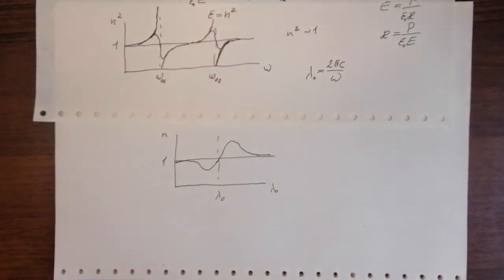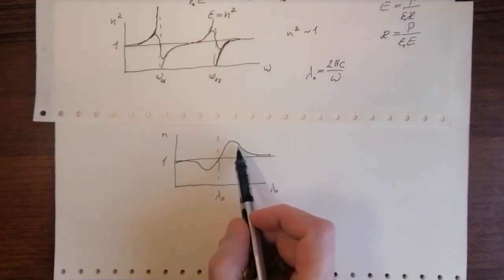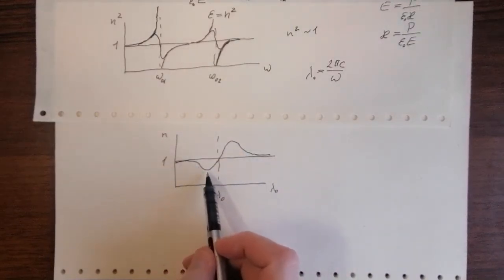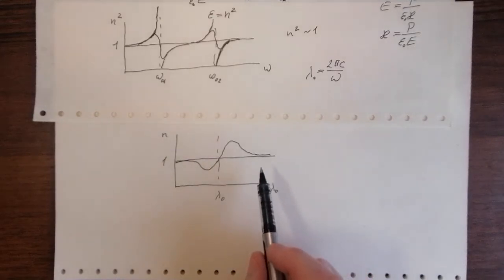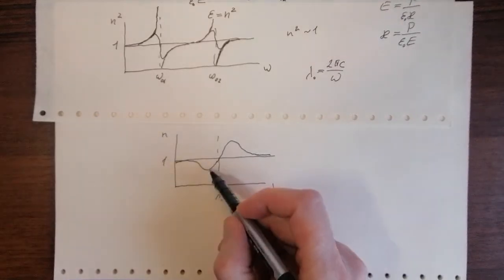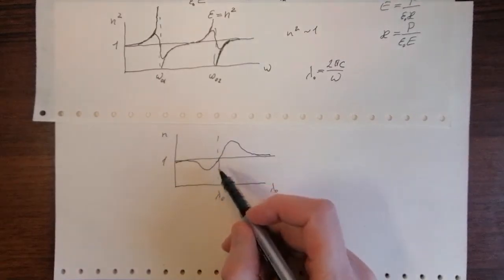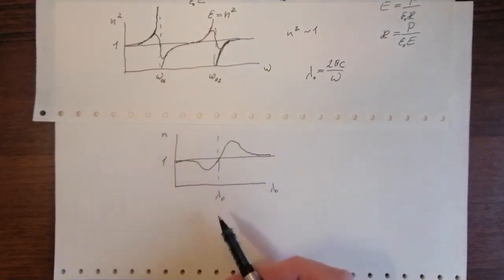So in this region and in that region we have the behavior of n which corresponds to what we called normal dispersion, and in this region it is anomalous, and this region corresponds to resonance in oscillations of electrons.